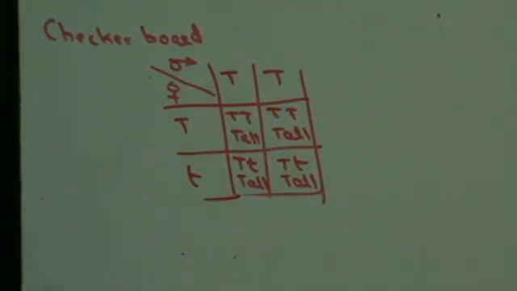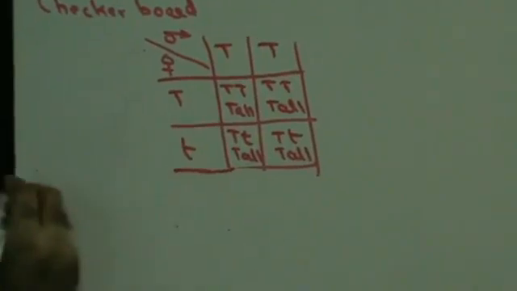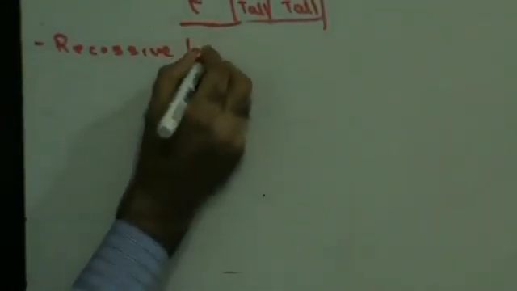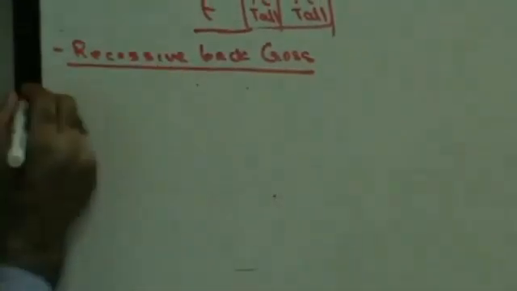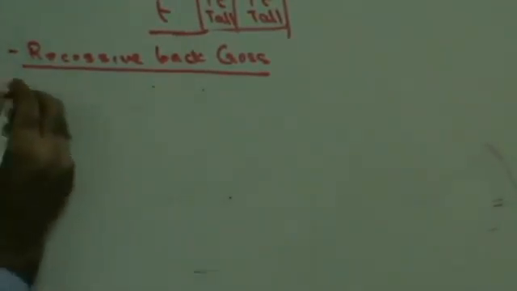Now let's try to see a backcross with the recessive parent. Recessive backcross. What is recessive backcross? It is a cross between the F1 hybrid and the recessive parent.